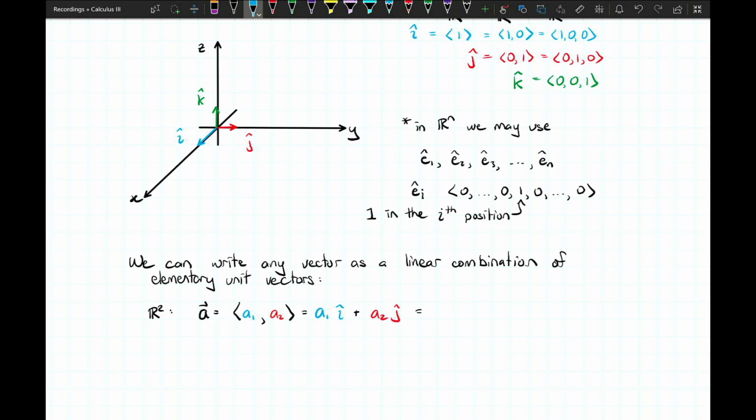And you can see that is equal to A1 times the vector (1, 0), plus A2 times the vector (0, 1). And of course, that scalar multiplication just gives us (A1, 0) plus (0, A2). Adding component-wise, sure enough, that is equivalent to (A1, A2).